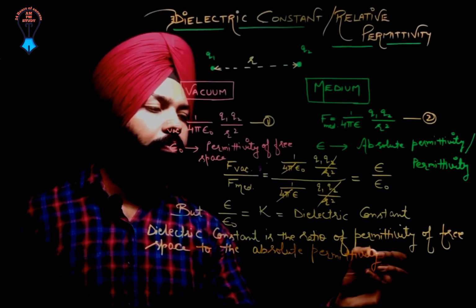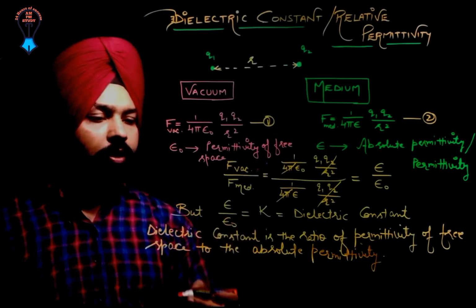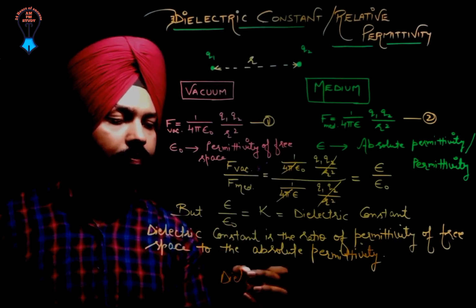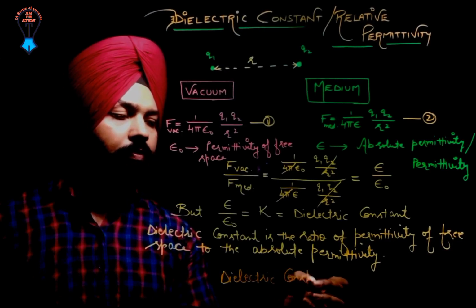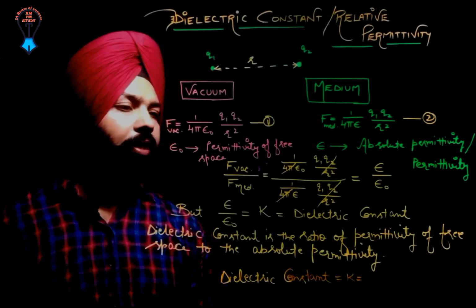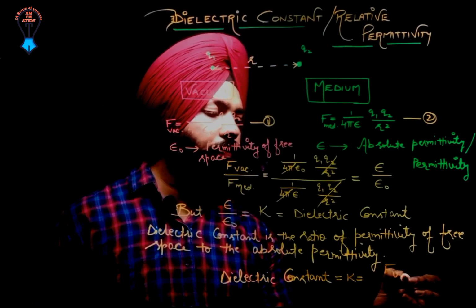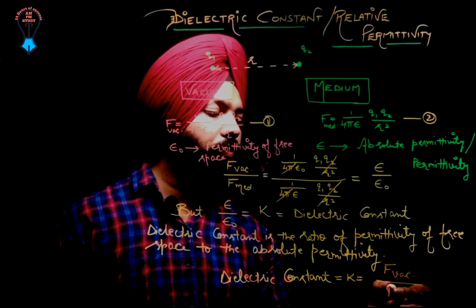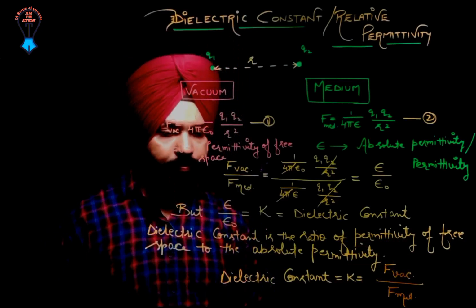And from this also dielectric constant K can be written as force in vacuum divided by force in some medium.